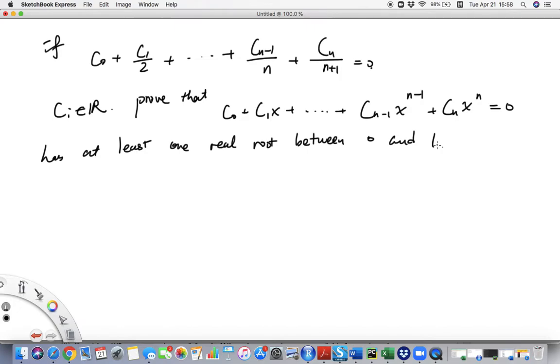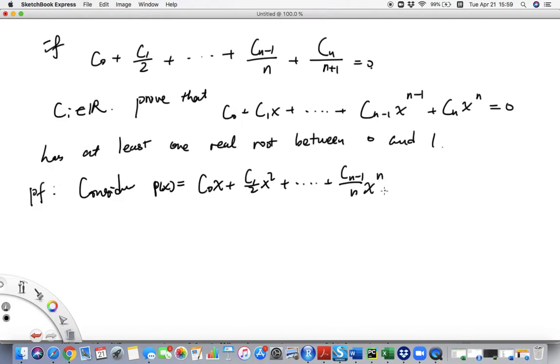Okay. So how do we do that? So, proof. Let's consider this polynomial. Consider p of x equals c0x plus c1 over 2 x squared plus all the way up to cn minus 1 over n x to the n plus cn over n plus 1 x to the n plus 1.